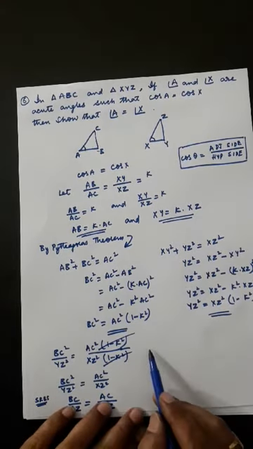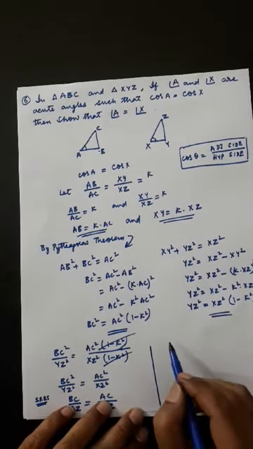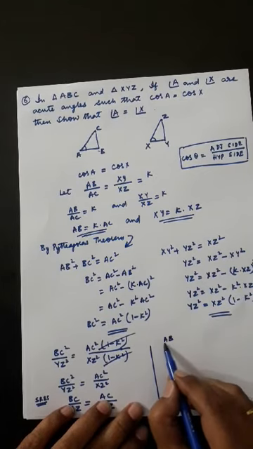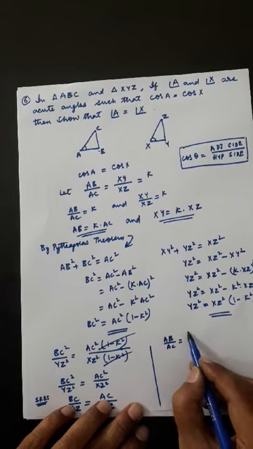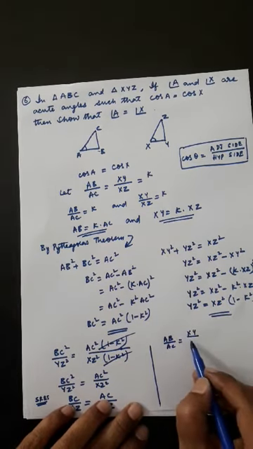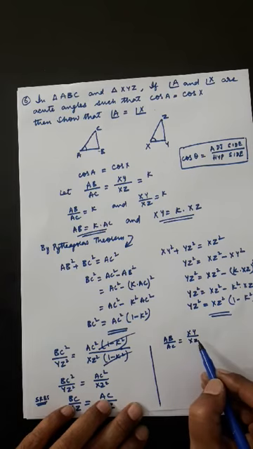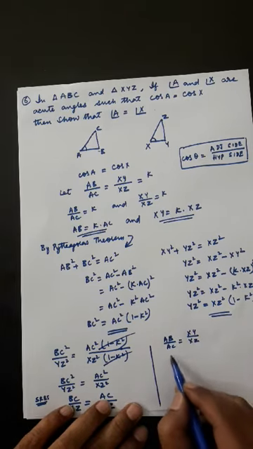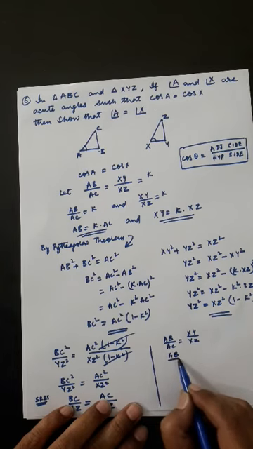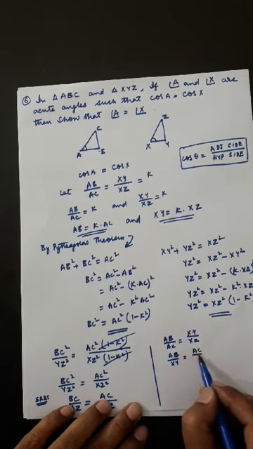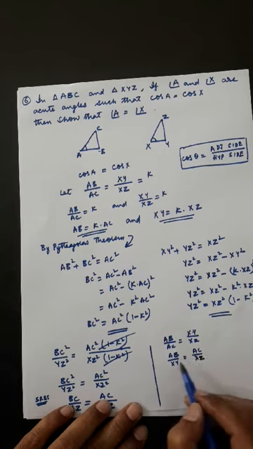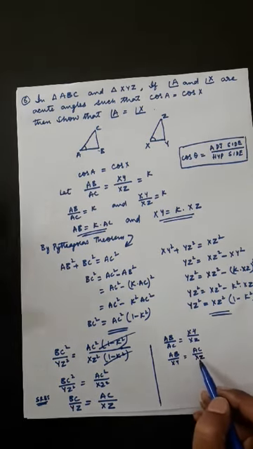If you bring this one to this side, it becomes AB by XY equal to AC by XZ.